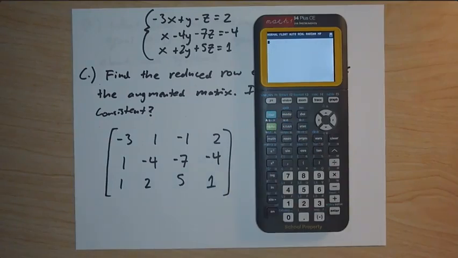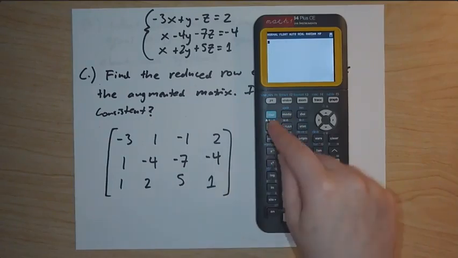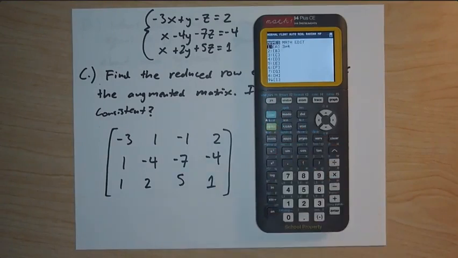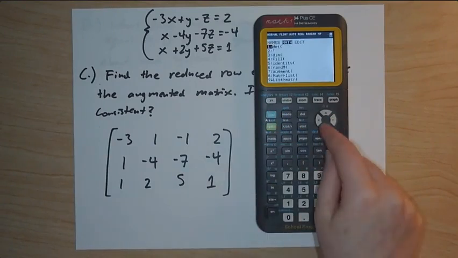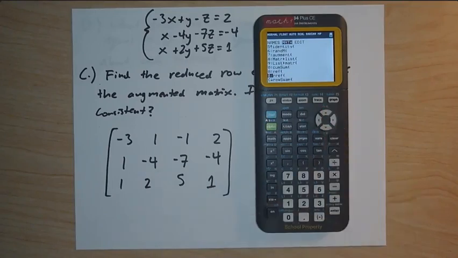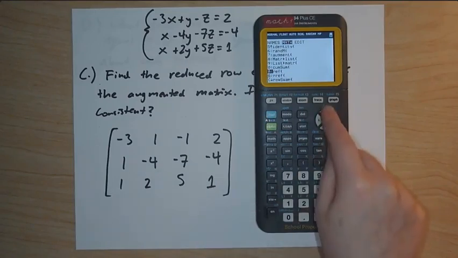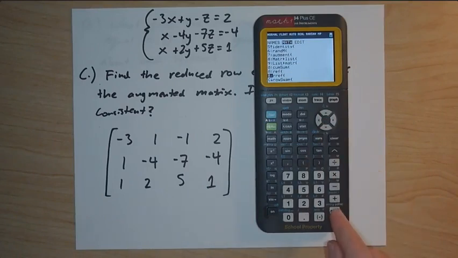We want to find the reduced row echelon form, so going back to our matrix menu, second x to the -1, scroll over to the math menu. You're going to scroll down until you see RREF, like that, not REF, but RREF. Press enter. We need to enter the matrix that we're going to find the RREF of, so second x to the -1.